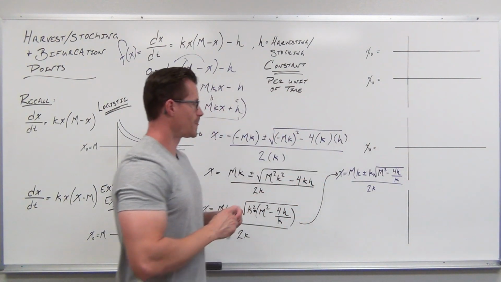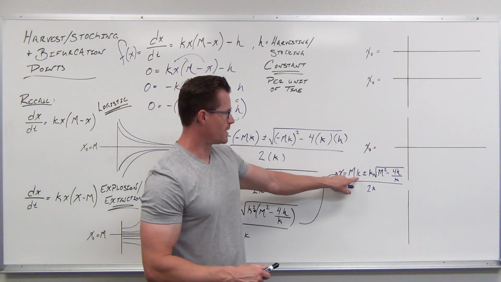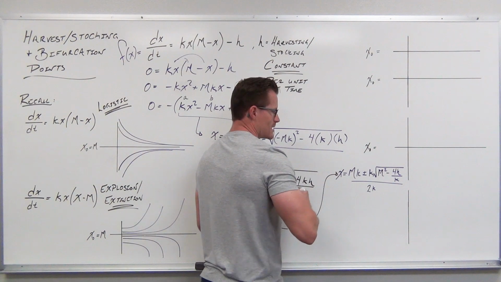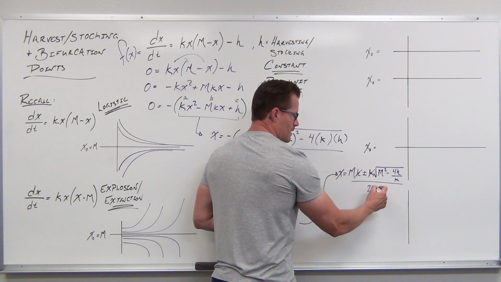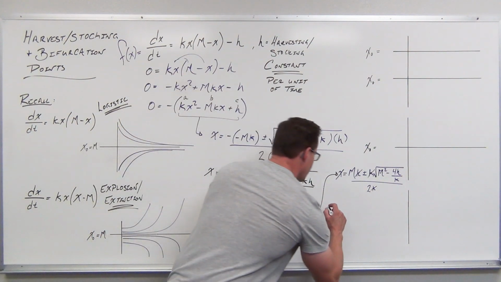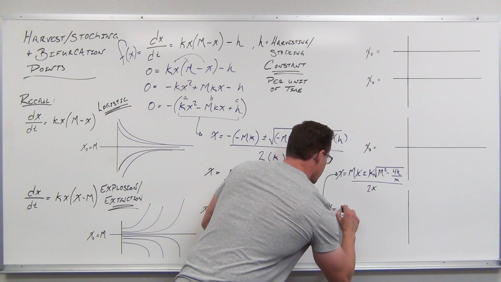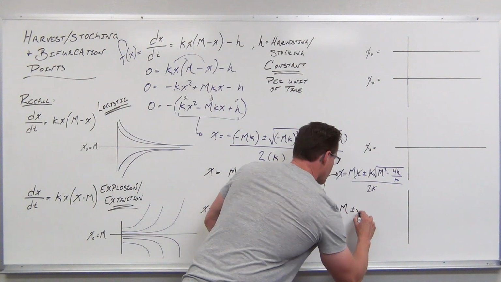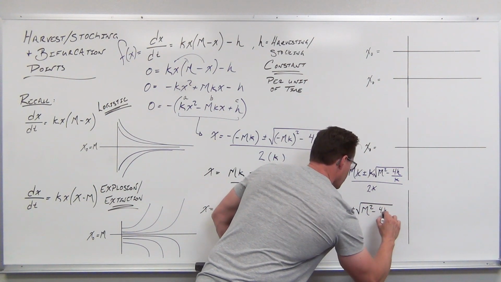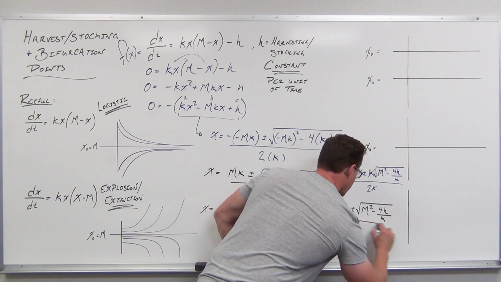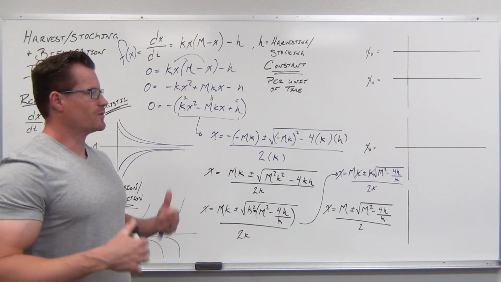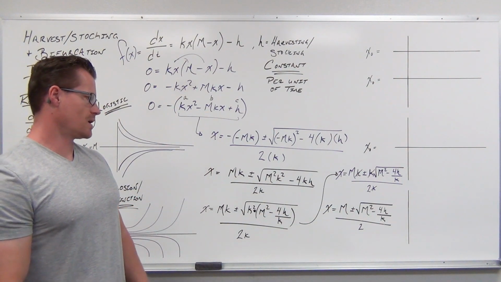All over 2k. That's also pretty nice because we can simplify these k's. If we factor out the k and simplify, that means that every term here and every term on the denominator we can divide by k, we simplify, and we get m plus or minus square root of m squared minus 4h over k all over 2.